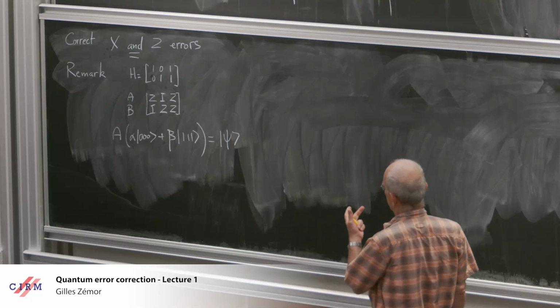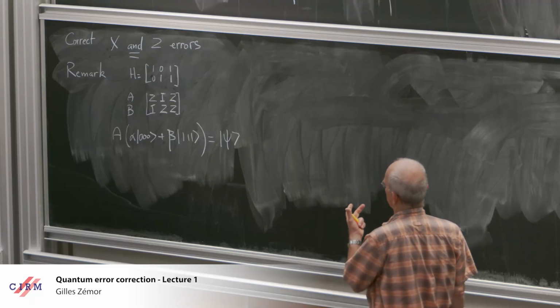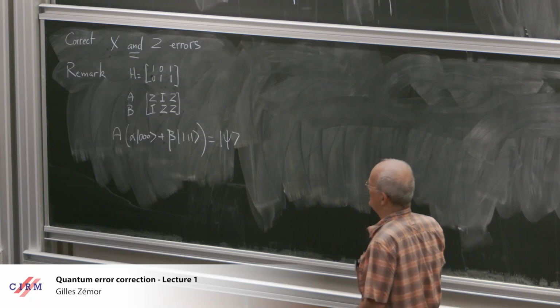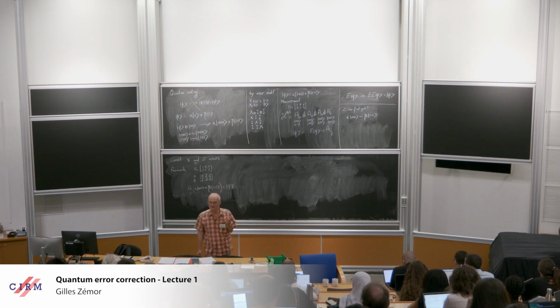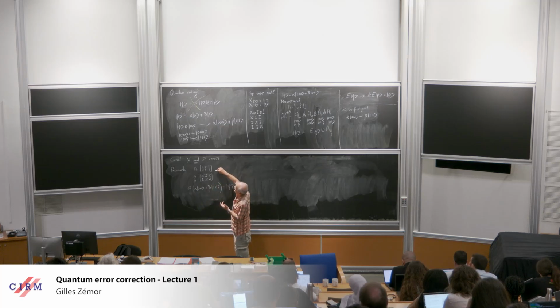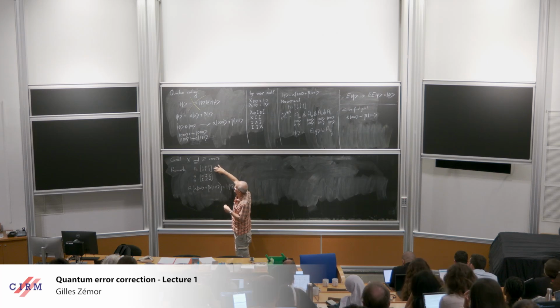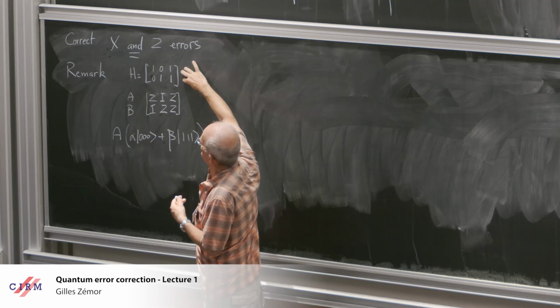And that has something to do, it may help us to try and devise a measurable syndrome function. You see that what we did, we decomposed our Hilbert space into subspaces, an orthogonal direct sum of subspaces that corresponded to the values of this syndrome function.